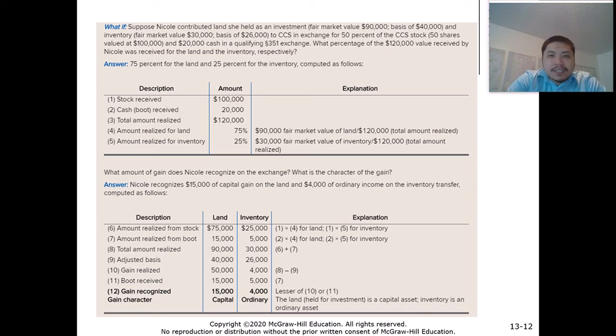So what percentage of the $120,000 value received by Nicole was received for the land and the inventory, respectively?